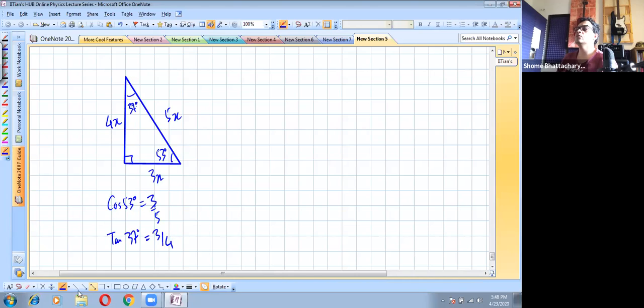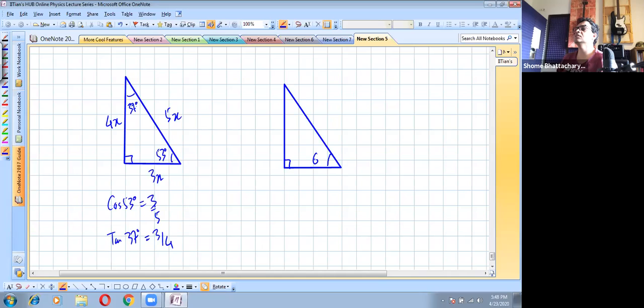This is just like other triangles you have studied. Another standard triangle you have studied is the 30, 60, 90 triangle, which has its sides in ratio.